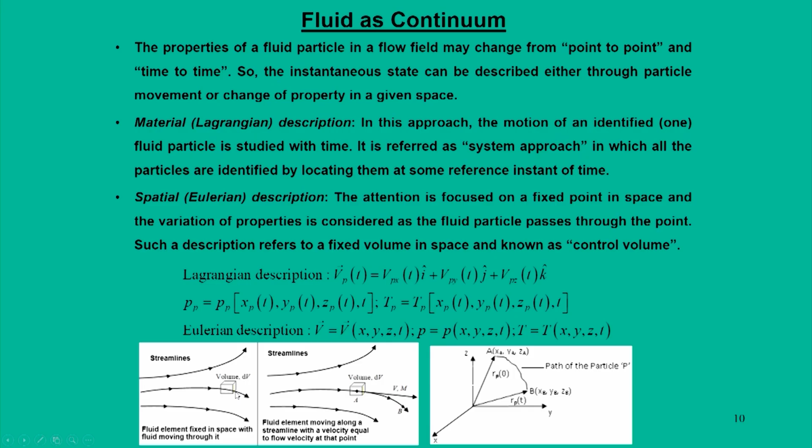In one case, we can think that there is a small elemental volume dV which is fixed in space and the fluid is moving through it. The other aspect is that the same small volume dV is moving along the streamlines. At any point, when you draw a tangent, it gives its velocity and Mach number.